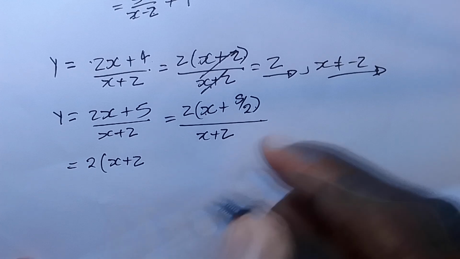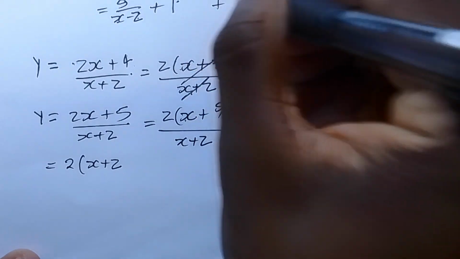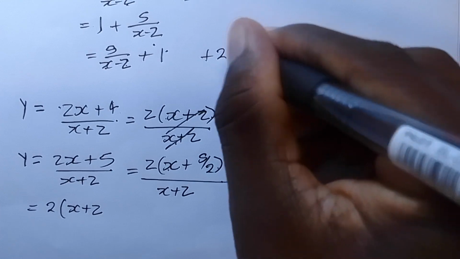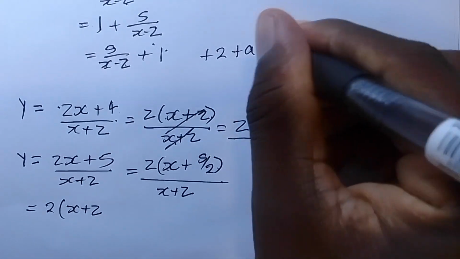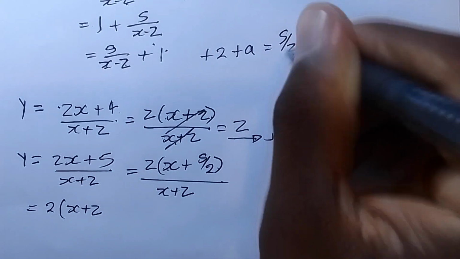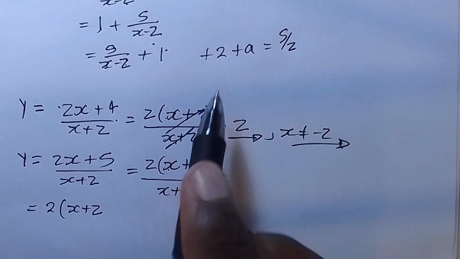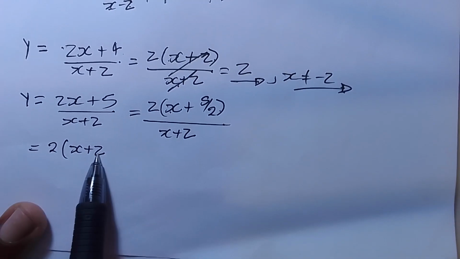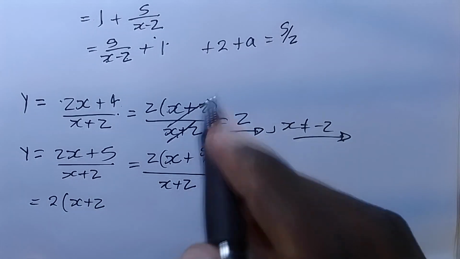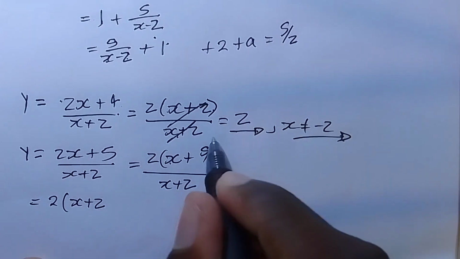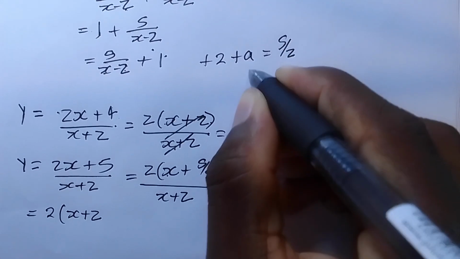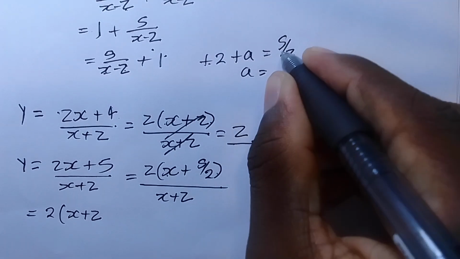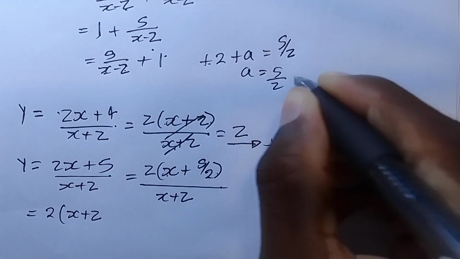And then you say, since you added 2, what would you have to add on 2 to get 5 over 2? So it's the same thing we did with the other question. This can be reversible. So a is equal to, you transpose the 2, now you have 5 over 2 minus 2.